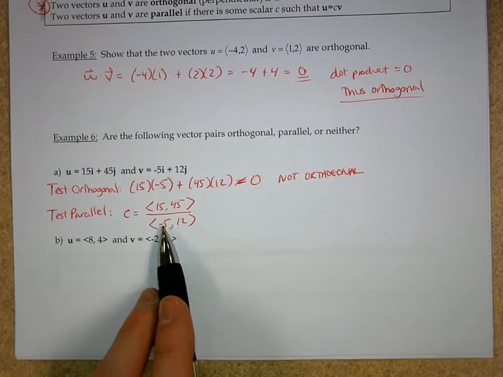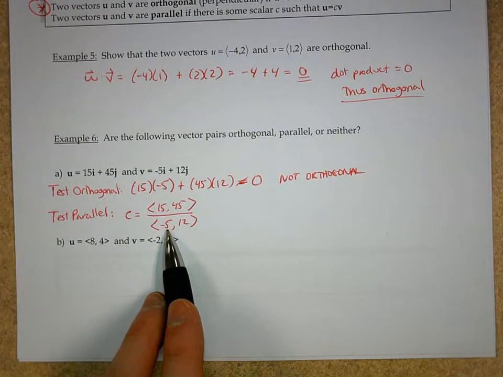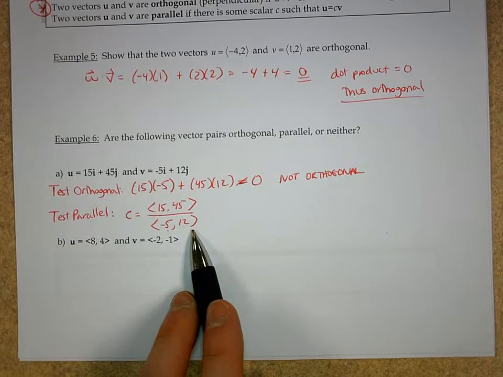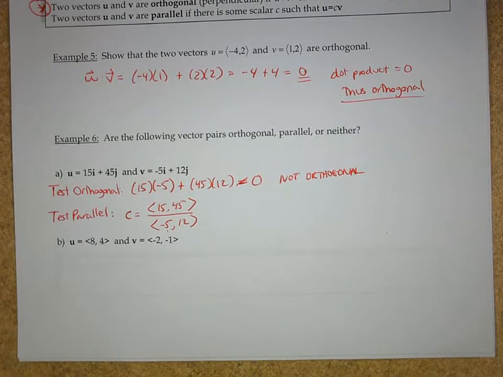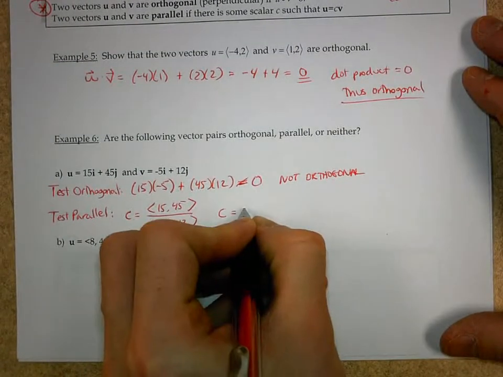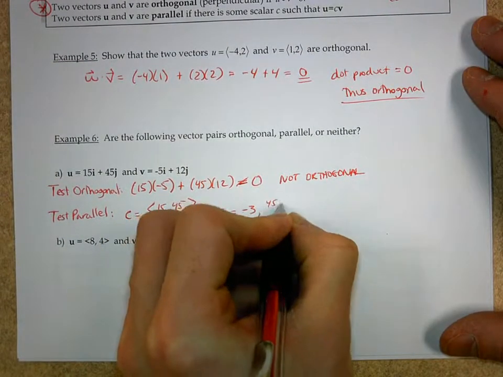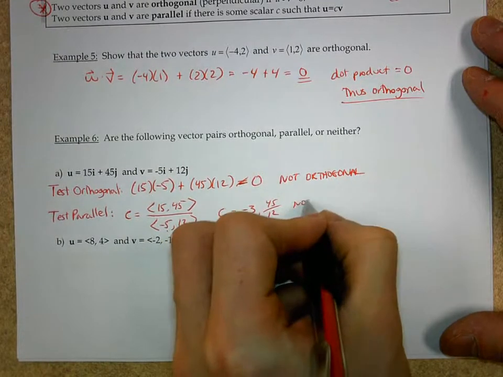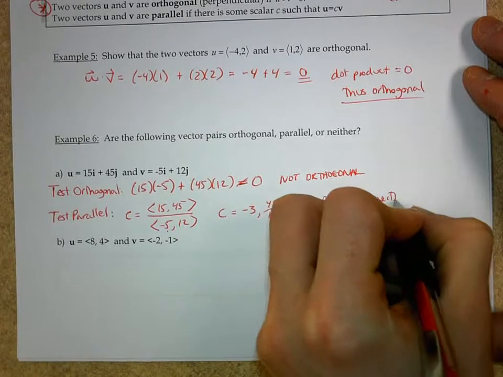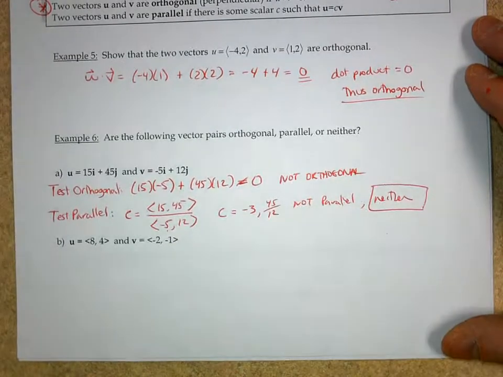Well, the answer is no, because 15 divided by negative 5 is negative 3. 45 divided by 12 is not negative 3. If these were to have both been negative 3, I could say c is equal to negative 3, but it's not. Here, for c we get negative 3 and 45 twelfths. So it's not parallel. So this is a neither situation.